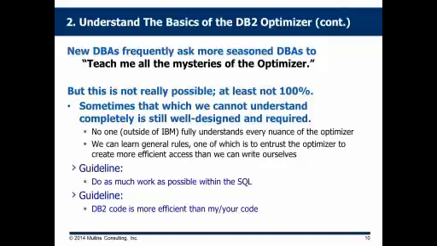Realize, too, that understanding the high level of what the optimizer is doing is generally sufficient for developers. It's not really possible, at least not 100%, to figure out exactly what the optimizer is doing at all times. Only IBM really has that information, and IBM doesn't publish the source code of the optimizer.